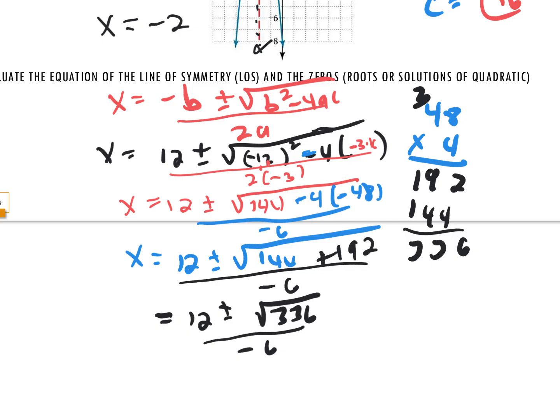I'm tempted to, but I'm looking at 336, and I'm asking myself, what perfect squares go into 336? So you can pick up a calculator and check: does 4 go into 336? It actually does. If you take 336 divided by 4, it's going to give you a whole number. So I could pull out a 4.